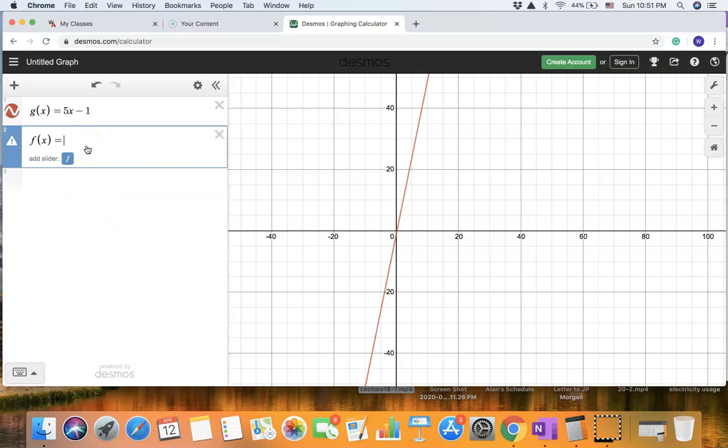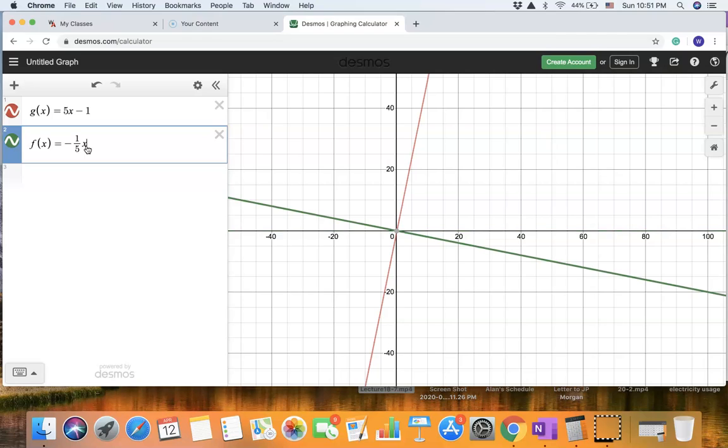So let me graph any straight line whose slope is -1/5. You see, these two are perpendicular. Another one.